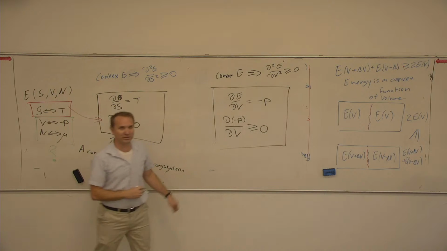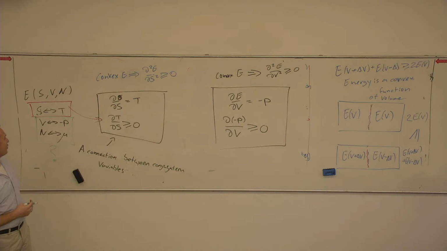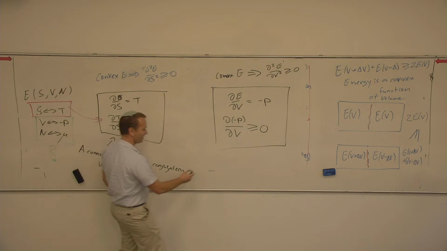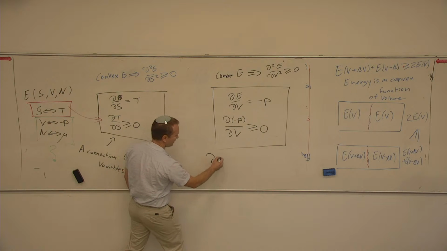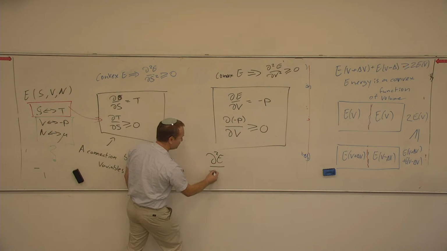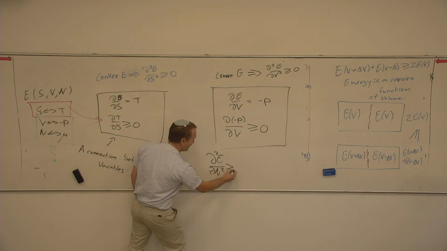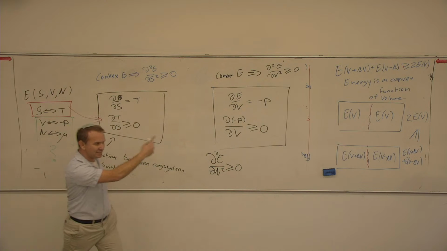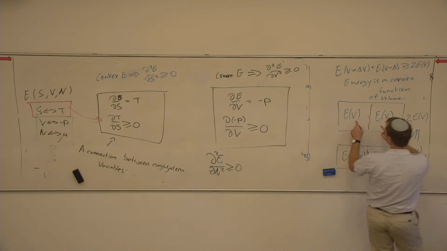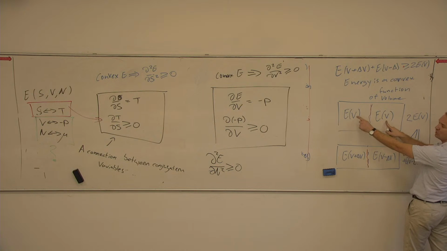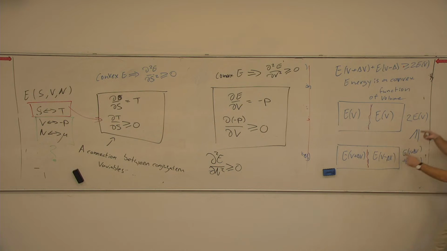Now, if I do this again for the number of particles, what will I get? The second derivative of E with respect to n has to be greater than 0. I will just repeat this argument and push the number of particles in, as I did with volume or entropy, and I will get a system in equilibrium and a system out of equilibrium that won't come back to this equilibrium state.